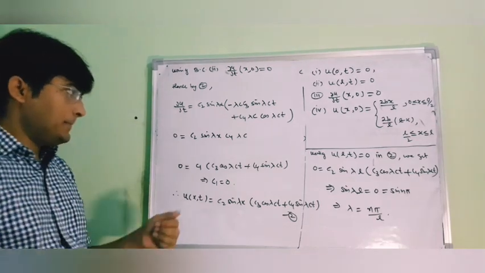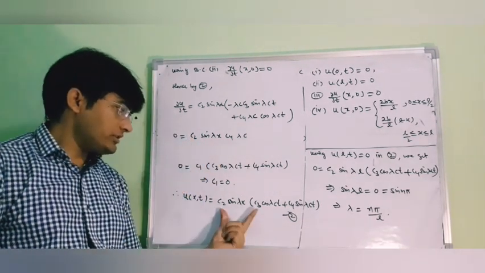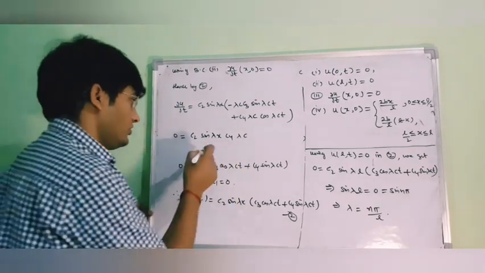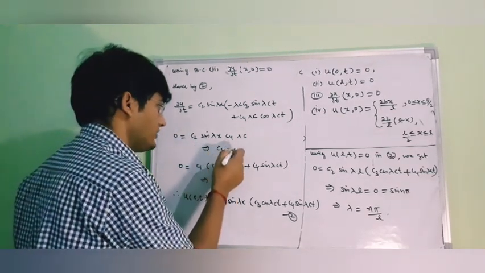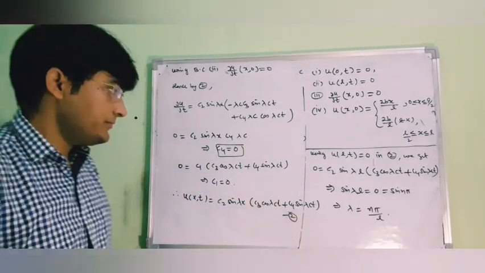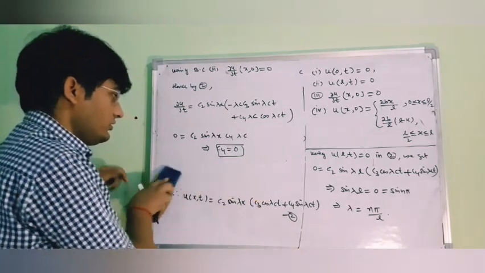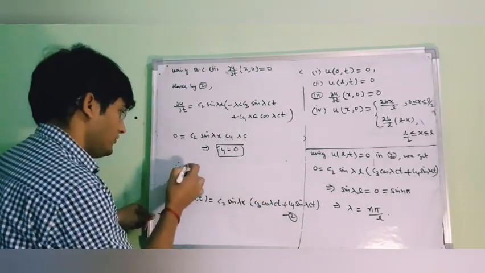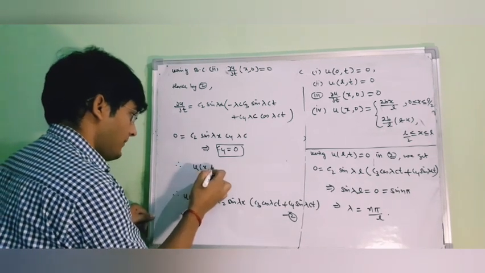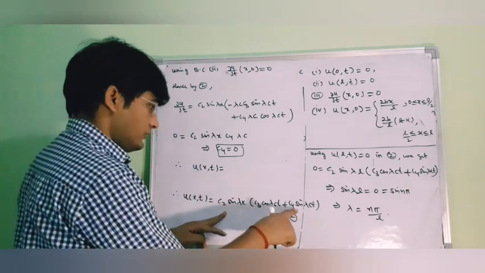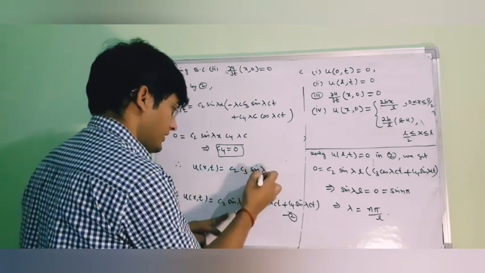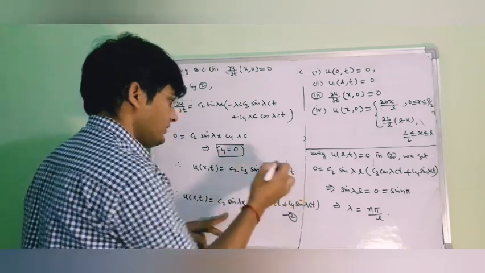Now again, C2 cannot be 0, otherwise the whole solution will be 0. So that means your C4 is 0. So from here our C4 is equal to 0. Thus this C4 vanishes. Therefore the solution u(x,t) will be equal to, now C4 is 0, so we will have C2 into C3 sin lambda x cos lambda ct.